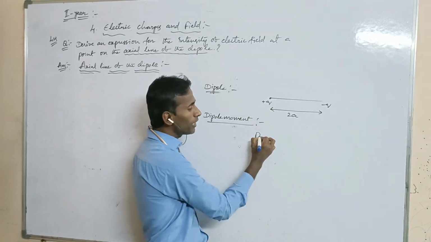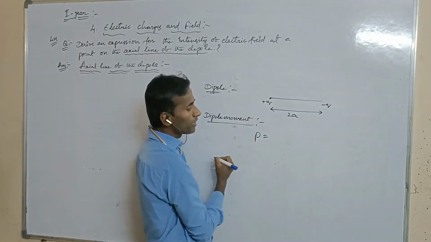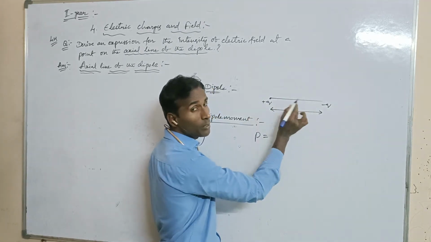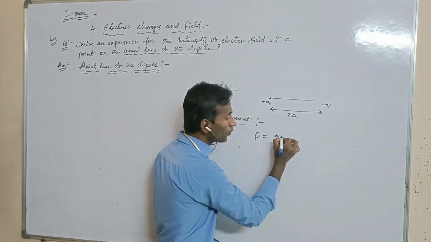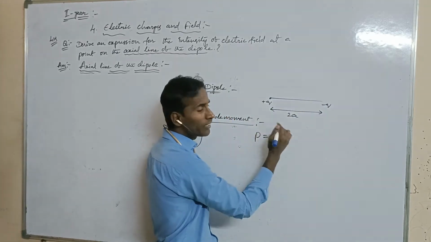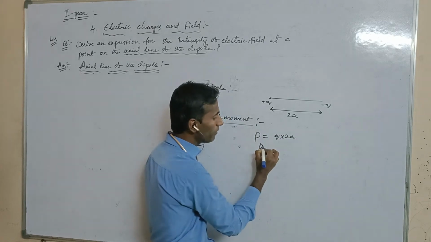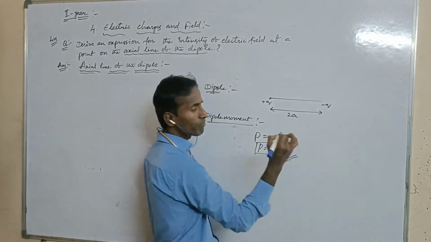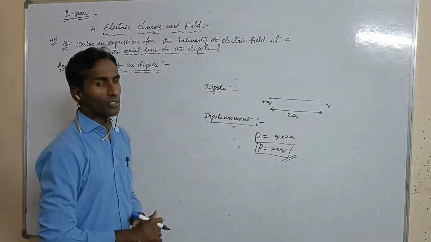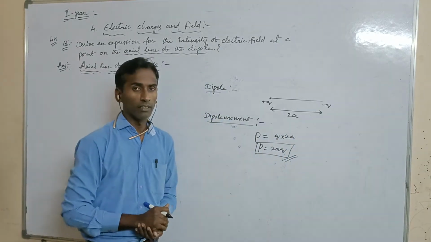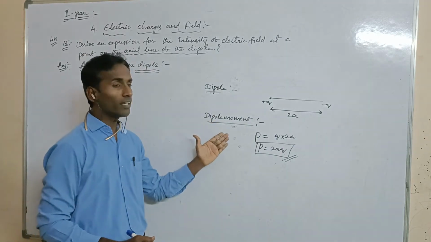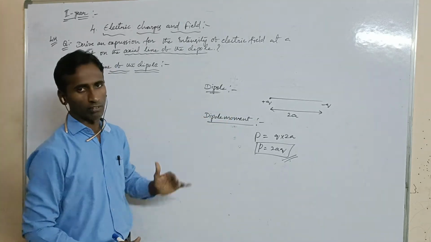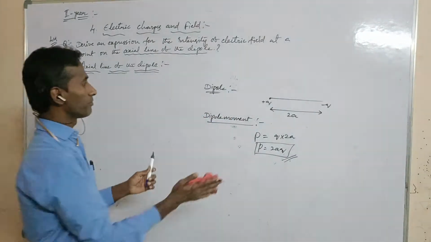It is denoted by the symbol P. P is equal to the magnitude of either charge, q, into the distance between them, 2a. So simply we can write P = 2aq. This is the dipole moment. I think everyone understood. So this is the dipole definition and this is the dipole moment definition, because these two are most important for this question.